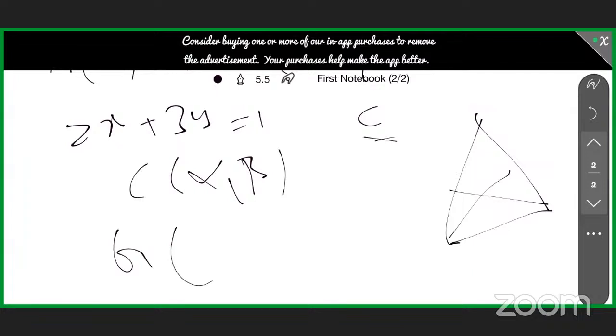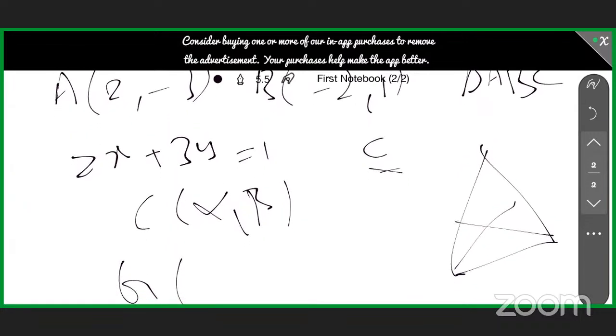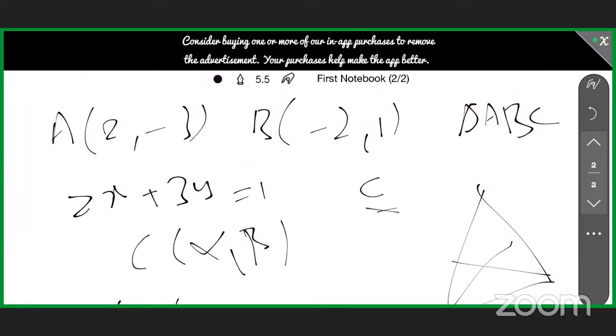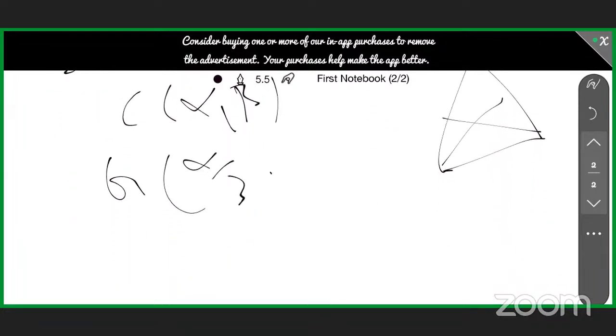So the centroid will become (2 + (-2) + alpha)/3, that is alpha by 3. The other one is (-3 + 1 + beta)/3, that is (-2 + beta)/3.